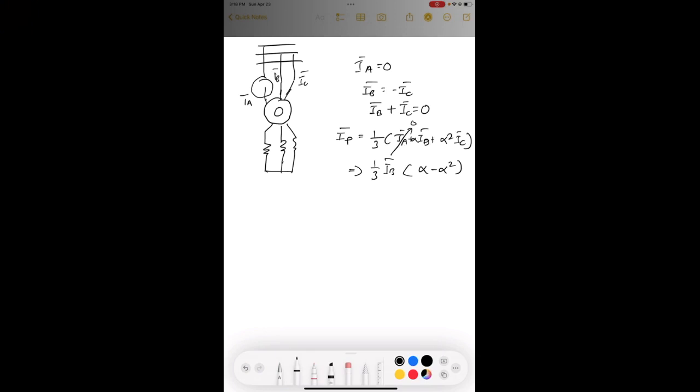If you remember, alpha equals e raised to j120 degrees, which can be written as cos 120 plus j sin 120, giving negative half plus j√3/2. Using this in the expression, we get j IB bar by √3.